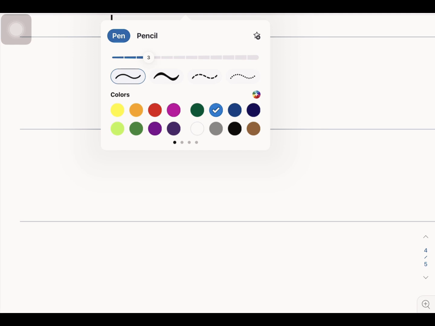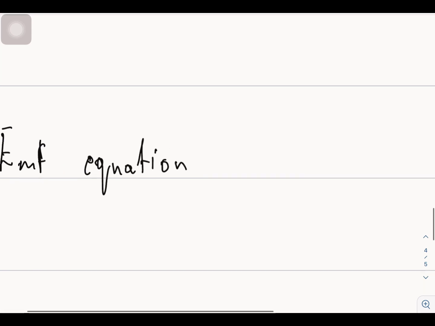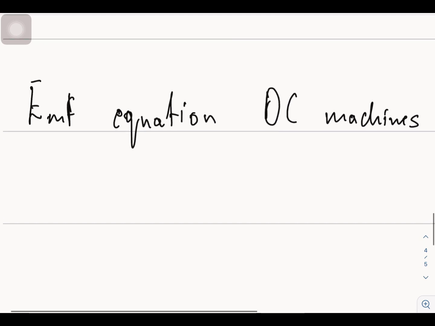Again, the formula I will start with is the EMF equation of DC machines.